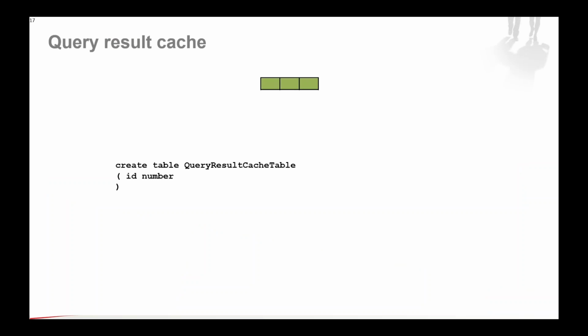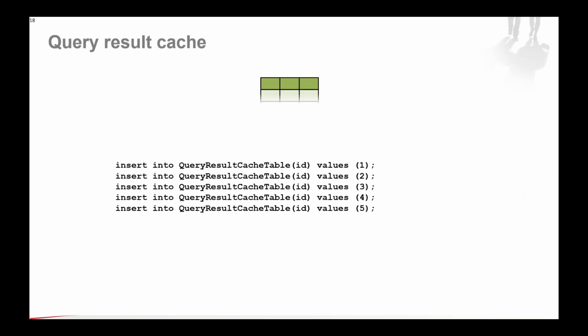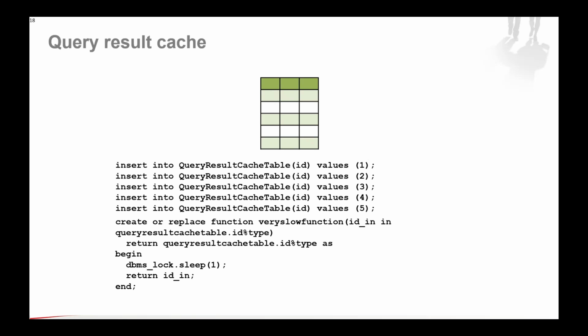the query result cache. Let's say I created a table. It's a simple table with just an ID in there, and I insert some values in there, 5 in this case, and then I create a function. It doesn't really do anything. It just sleeps for a second, so I can see what happens.